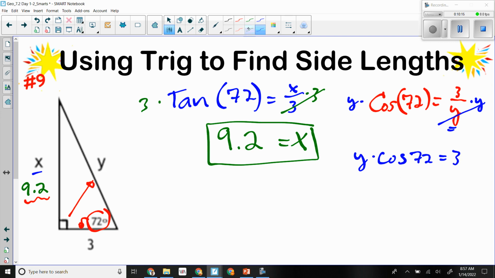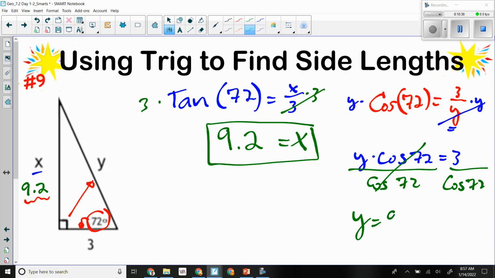So to get my y isolated, I have to divide by the cosine of 72 on both sides. So those are going to cancel on the left side. On the right side, in the calculator, 3 divided by cosine of 72 is 9.708.